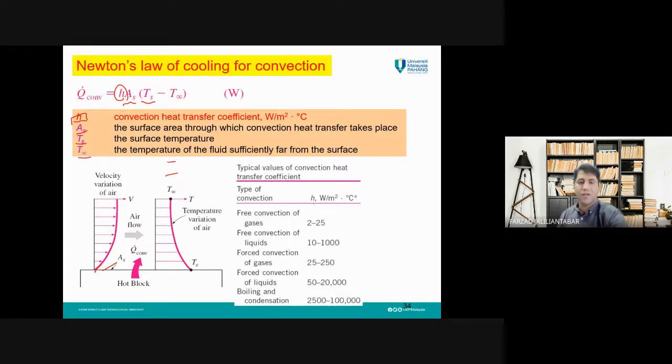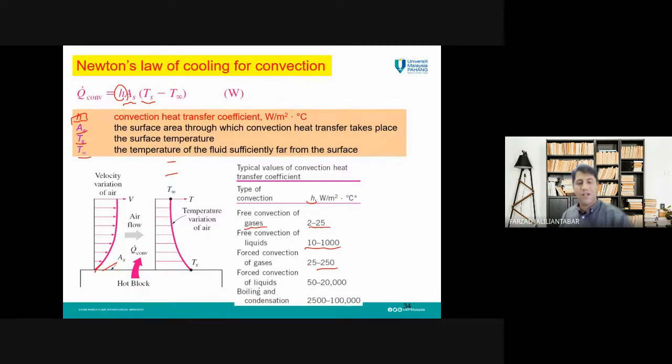And you can see how h, the convection heat transfer coefficient, changes with the change in the mode of convection heat transfer. It is forced or natural, and for different surfaces. For example, for free convection of gases, h is 2 to 25, and free convection of liquid is higher. Forced convection, you know, if we add a fan, you can see it is multiplied by 10.